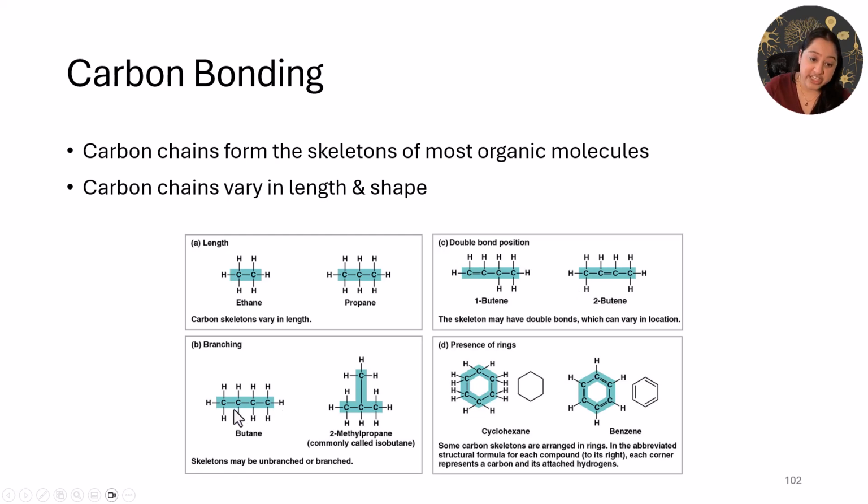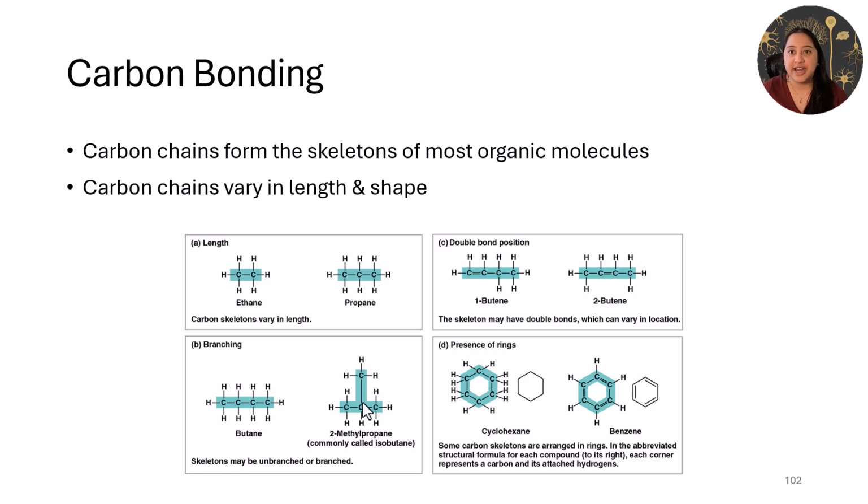And then if it branches, if one of the carbons branches off rather than being a linear chain, that's going to be named a different kind of molecule. Even though it still has 1, 2, 3, 4 carbons in each one, the fact that it branches in a different place makes it a different molecule.